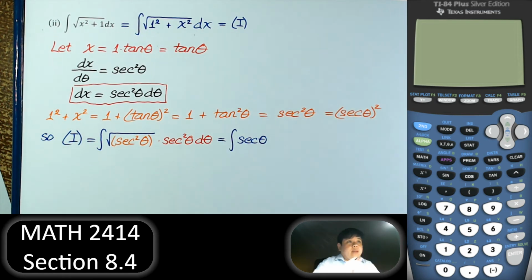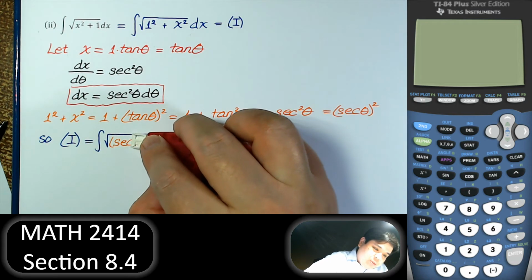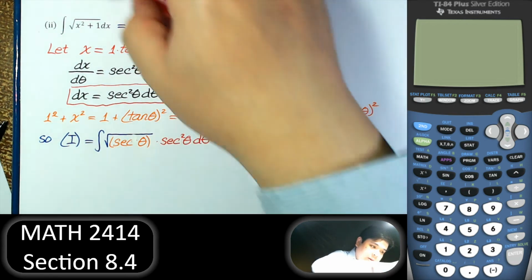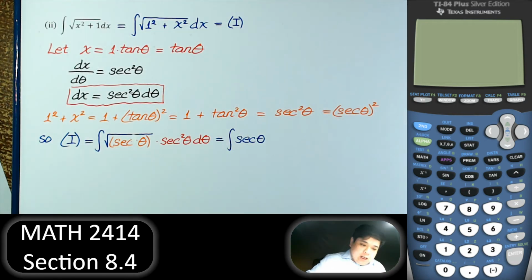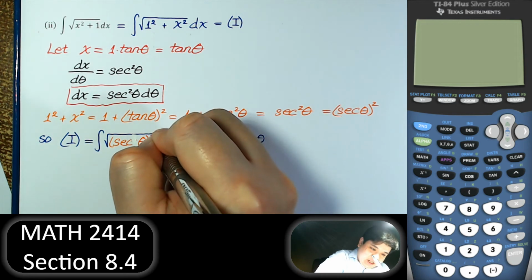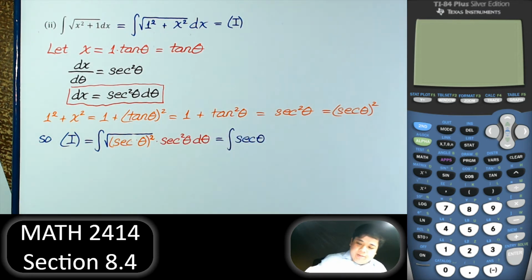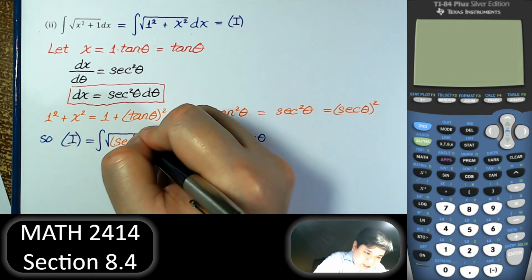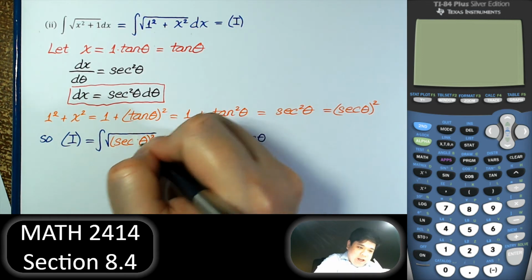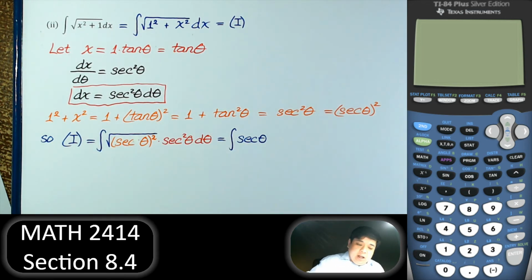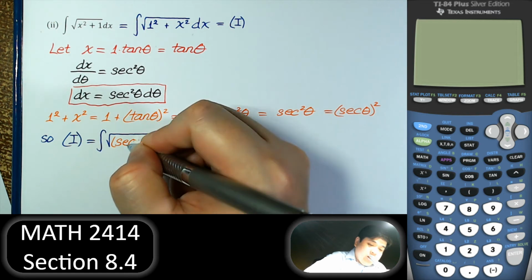Yeah, let's actually just put a square right here. That's better. Square cancels the square root. Right. Remember, we talked about we could check the quadrant.